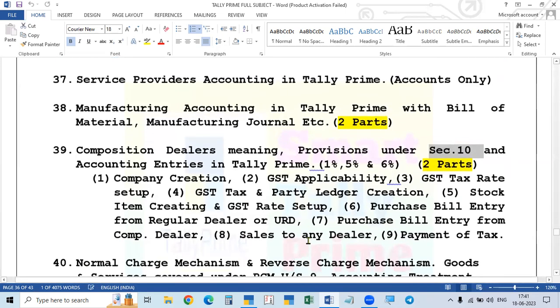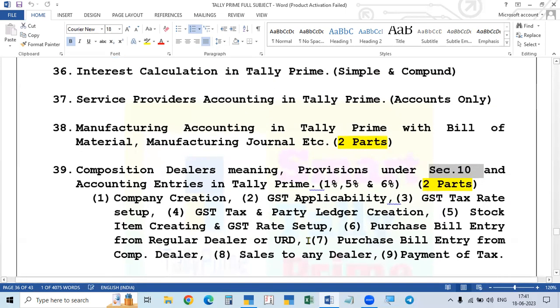The maximum limit is 1.5 crore, but there are some restrictions on eligibility.